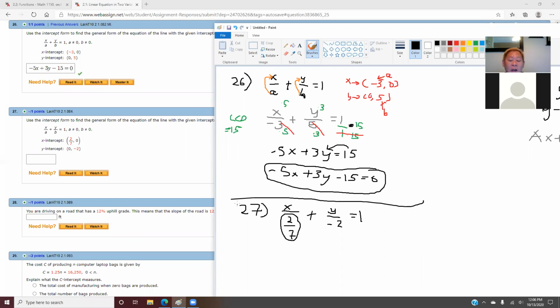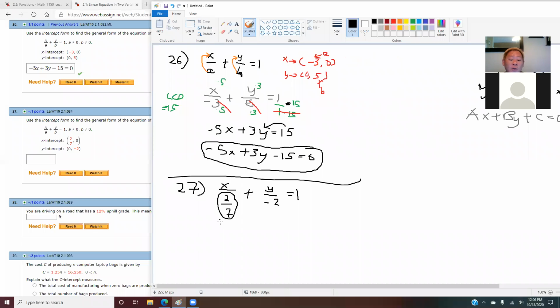Okay, the fraction here. So we want to make this fraction a normal fraction. This is what we call a complex fraction, which is fractions over fractions. So we want to make it a normal fraction like what we have in 26. If you recall, x over 2/7 is the same thing as x divided by 2/7.